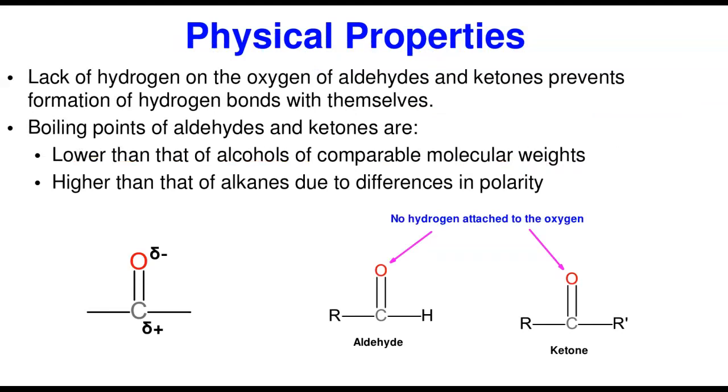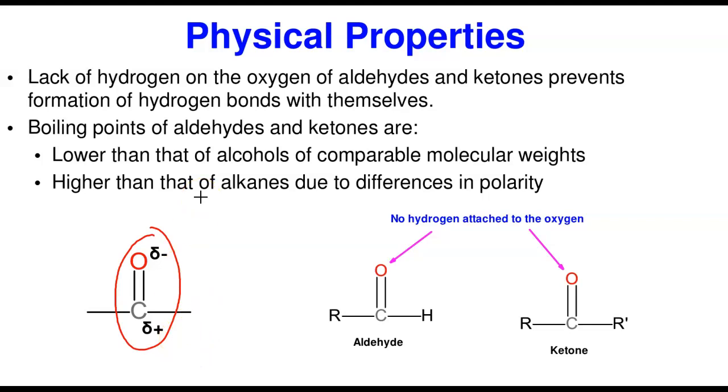aldehyde and ketone. Now the carbonyl carbon, remember, we've introduced this to be the carbonyl carbon. The carbonyl carbon is carbon that is double bonded to oxygen, and then single bonded to either carbon or hydrogen, if they are aldehyde or ketone. So now the carbonyl carbon is polar.